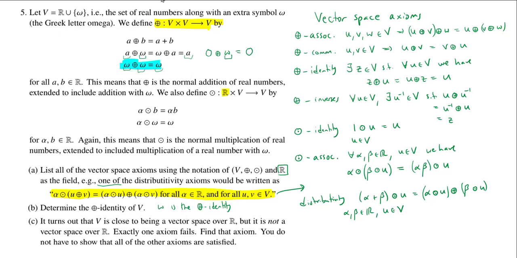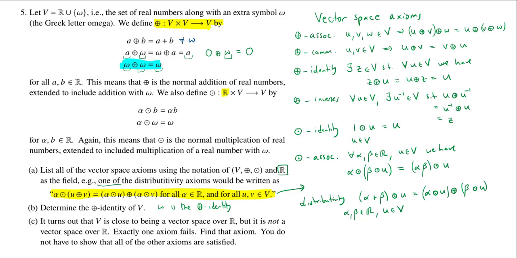This bottom line allows you to add omega to omega, and you get omega. So certainly omega has an additive inverse. But what if I don't have an omega? What if I just have a regular old real number? If I add it to any of the other real numbers, I just get a sum of real numbers, which is definitely not equal to omega.